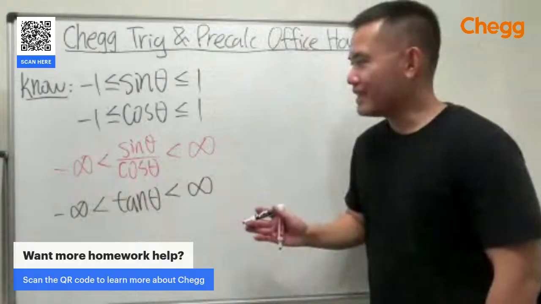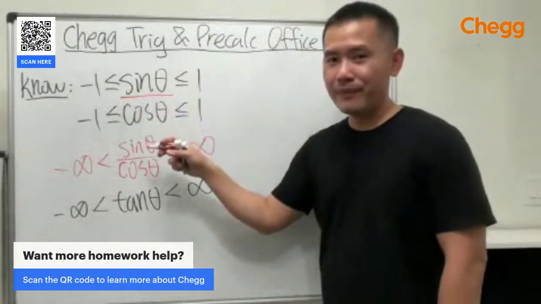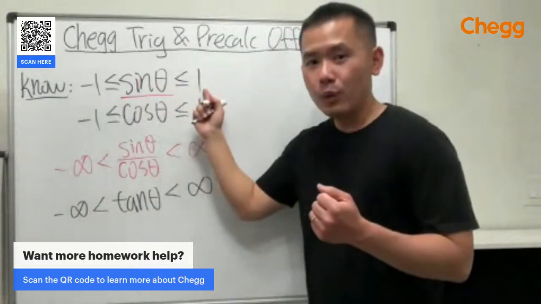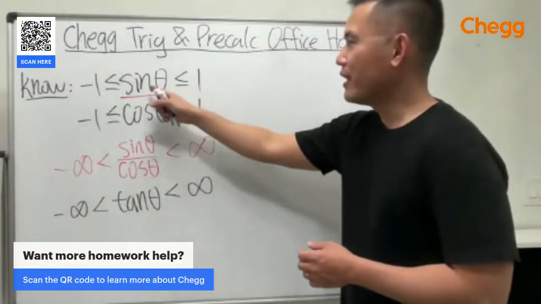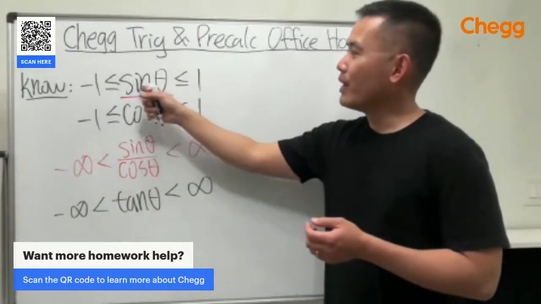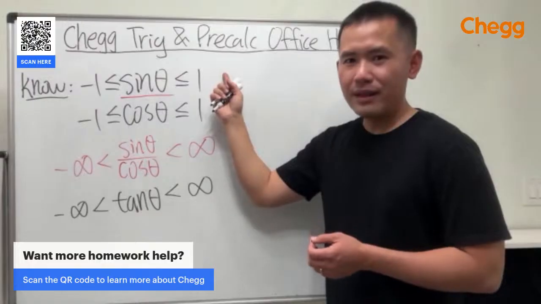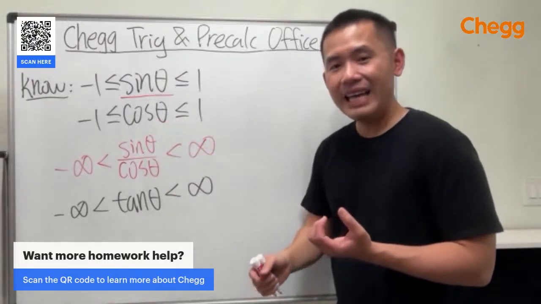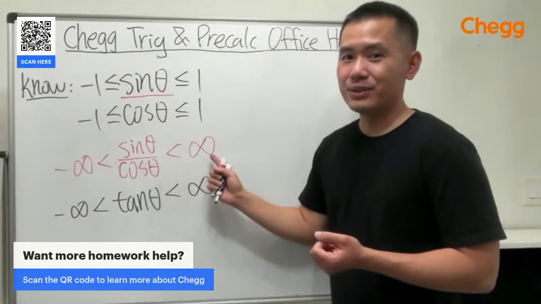The reason why is that even though it looks like we're just dividing, they do not share the -1 or the 1 at the same theta values. For example, sine at pi over 2 gives you 1, but cosine at pi over 2 gives you 0. And when you approach pi over 2, the function will go up. So that's why it gets to infinity.